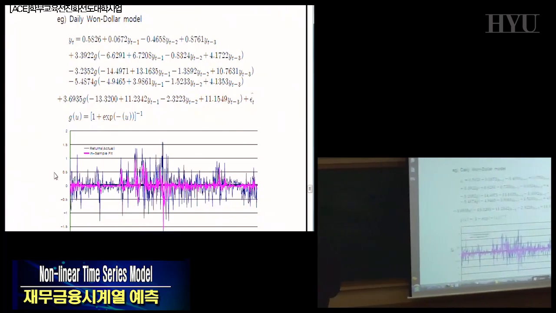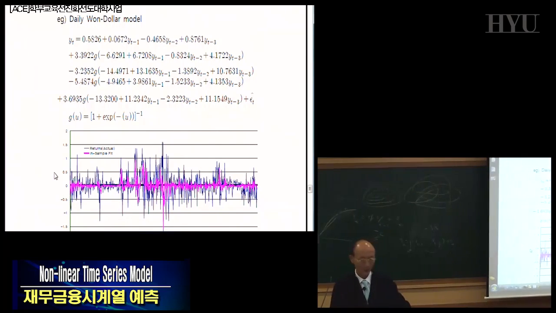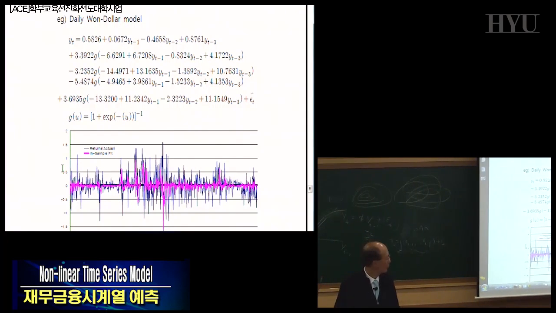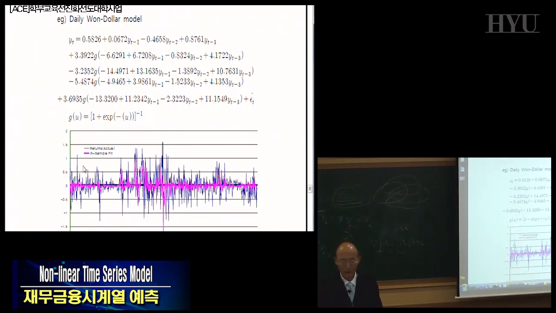So many advocates of this artificial neural network built more complicated models than this one to predict stock return, and they are employed by security companies in the United States.